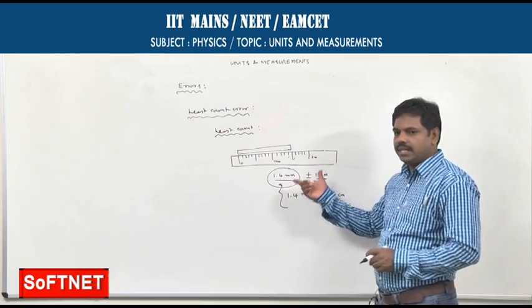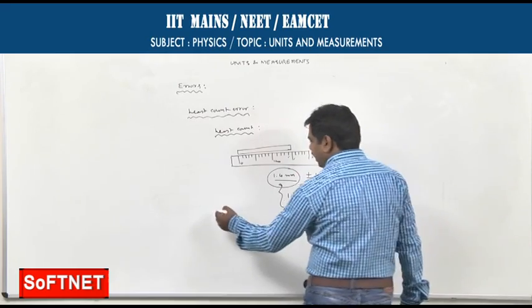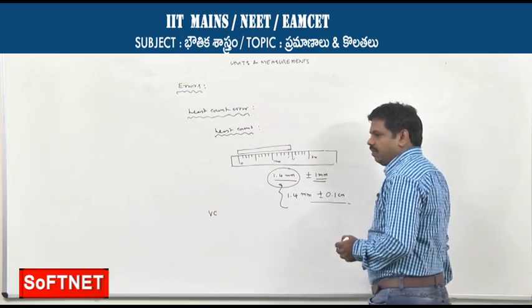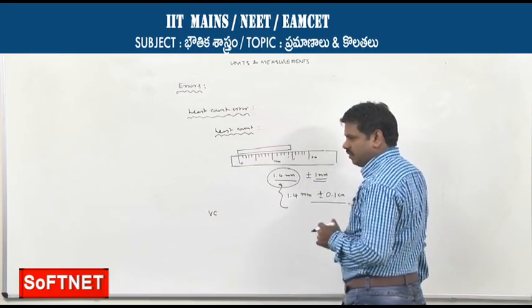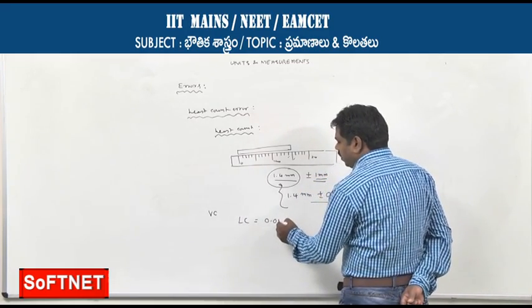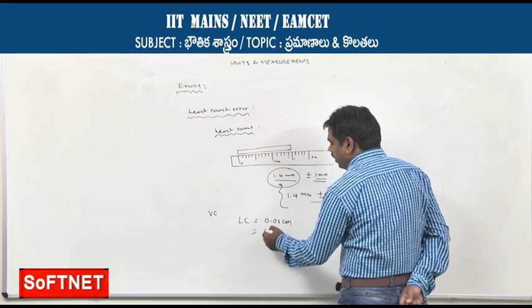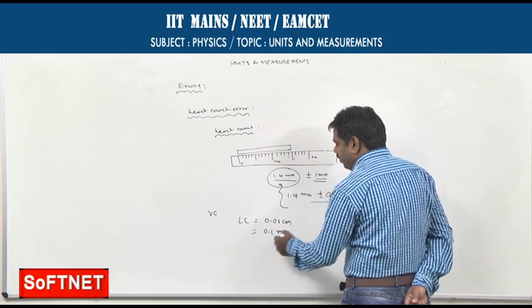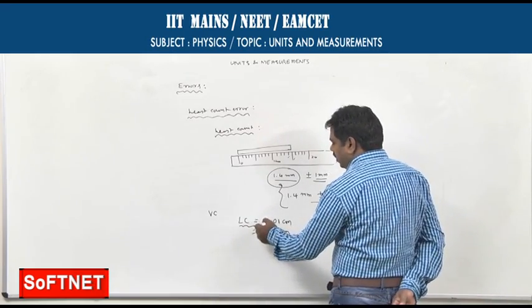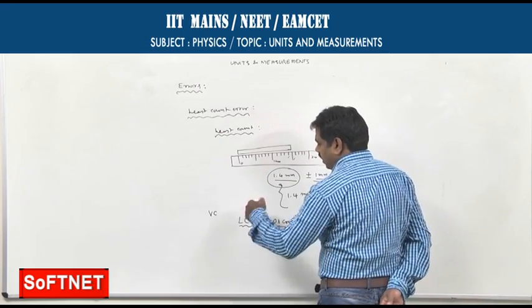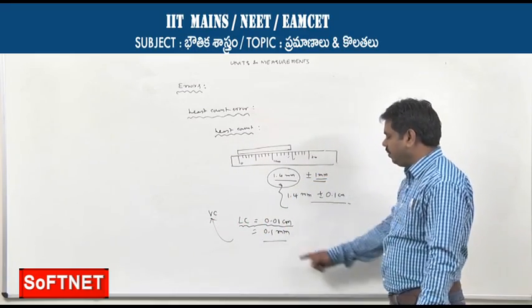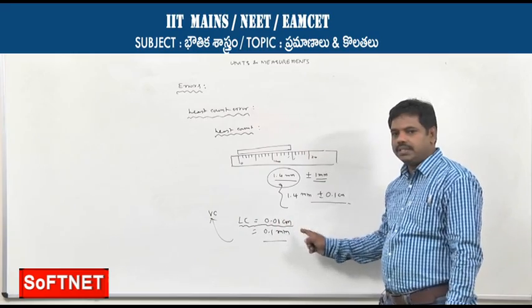In place of the scale, if you use, for example, a vernier calipers, usually the vernier scale will have 10 divisions, and hence its least count you will get about 0.01 centimeter, or 0.1 millimeter. Now the error present in the reading of a body taken with the help of vernier calipers will always be 0.01 centimeter.